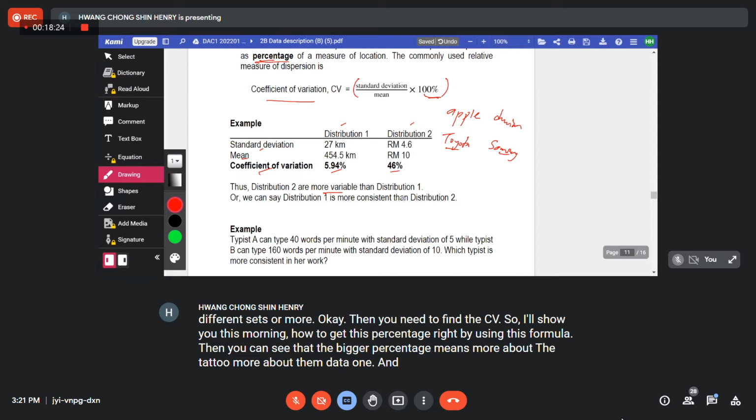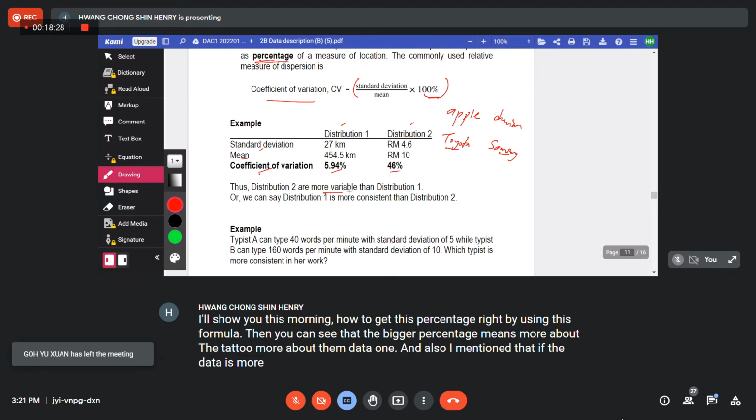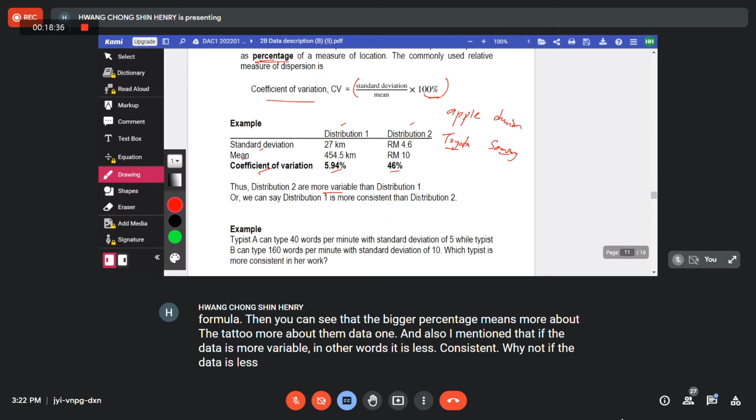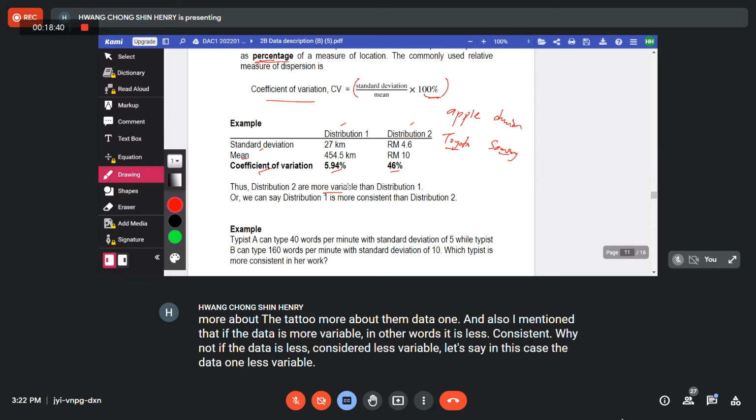And also, I mentioned that if the data is more variable, in other words, it is less consistent. Correct? If the data is less variable, let's say in this case data 1 is less variable, then it is more consistent. See, data 1 is more consistent.